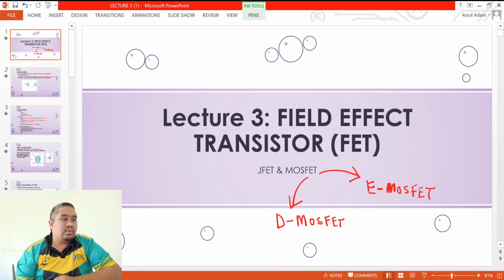So we have the JFET first, then the D MOSFET, and the third one, the E MOSFET.